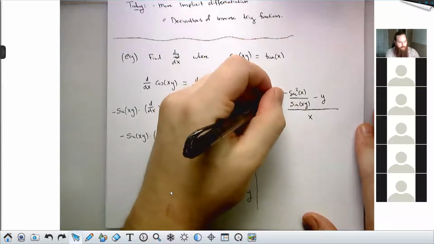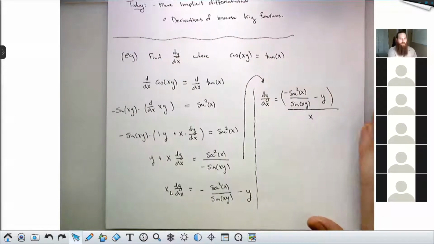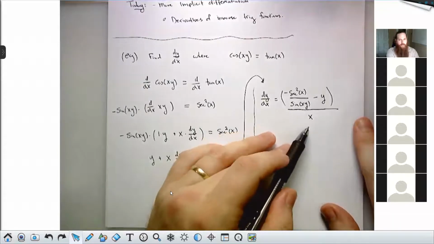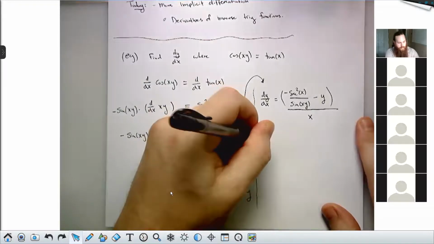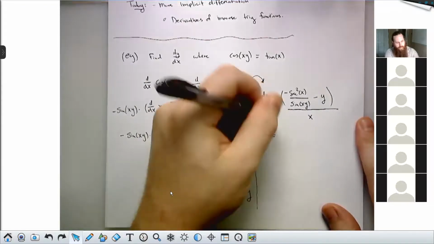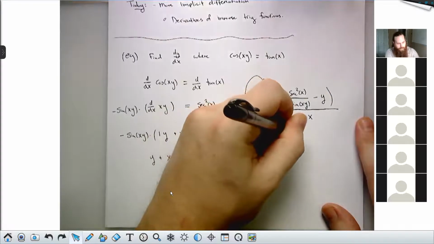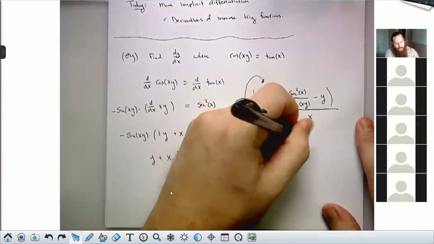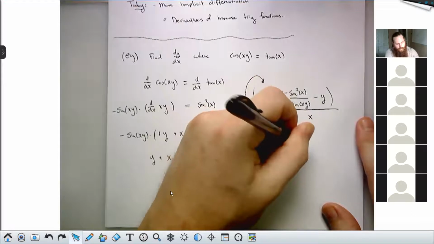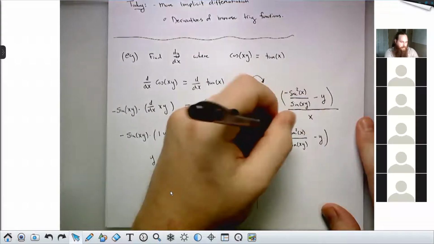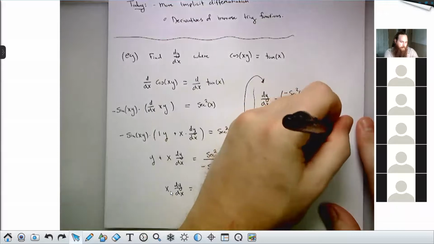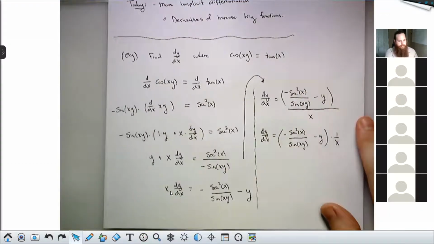And remember, of course, these fractions are grouping symbols. It looks like this. And the denominator is x over 1. So if I wanted to, I could write this as negative secant squared x over the sine of xy minus y, all being multiplied by 1 over x.